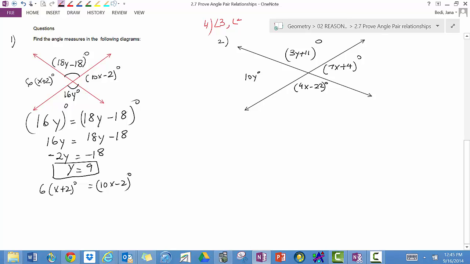The degrees cancel out, distribute the 6, and now we get minus 4x equals minus 14.